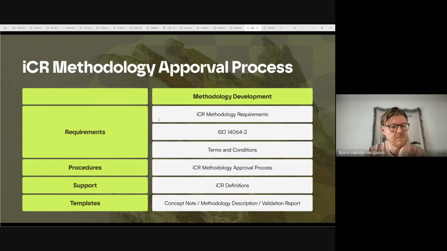The methodology approval process is informed by a set of requirements, a set of procedures, support material, and templates. The ICR methodology establishes the requirements that a methodology needs to adhere to, ISO 14064-2, as often mentioned.